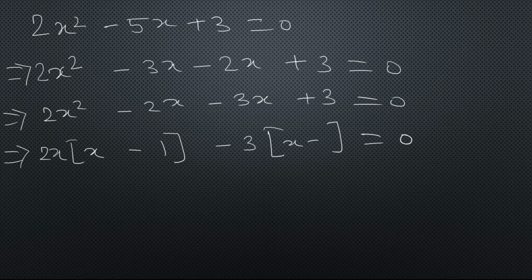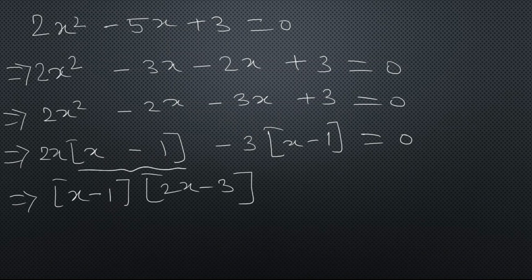I hope you are getting this. So, if you take x minus 1 as common from the whole expression, what will it become? X minus 1, 2x minus 3 is equal to 0.